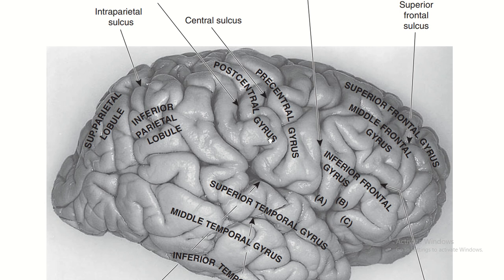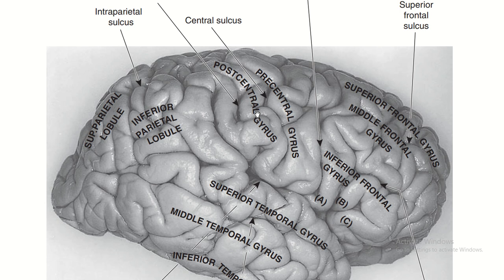This is very important as far as somatosensory is concerned. So that's where you have your sensory homunculus. In the precentral gyrus, you have your motor homunculus. In the postcentral gyrus, you have your somatosensory homunculus.